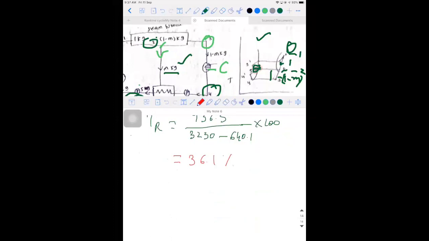When you do calculations, definitely we may get a clerical error. And if it is something far away from 36.1, you check your values and do the calculation once again. This is what it is. Now, we have done everything with case 1. Case 1 is over. Then we'll go with case 2.